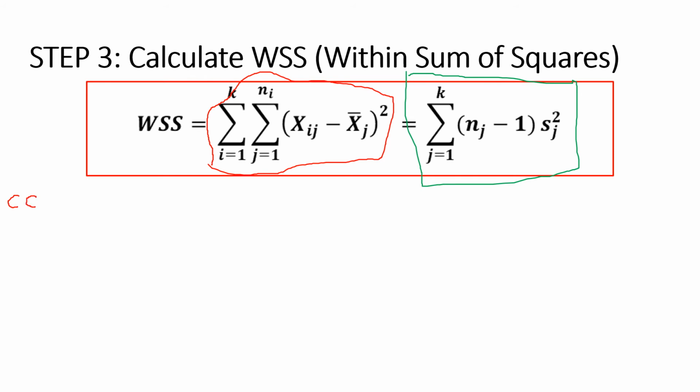For the central city, it's 8 minus 1 times the variance for the central city. He didn't give us the variance for the central city. Instead, he gave us the standard deviation, which for the central city was 19.88.